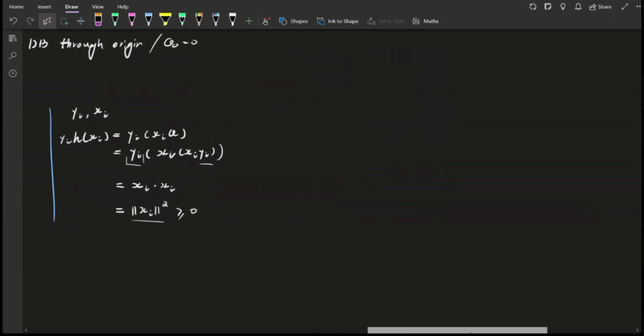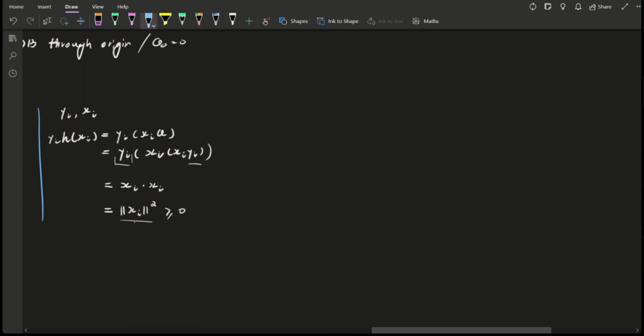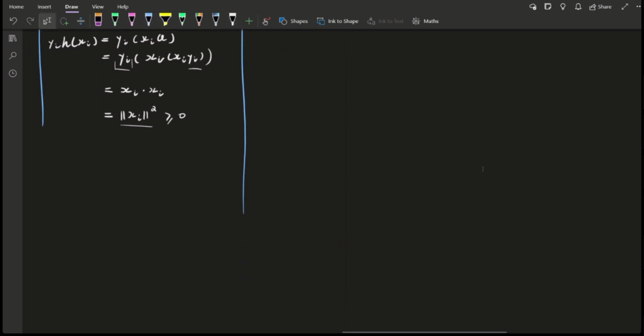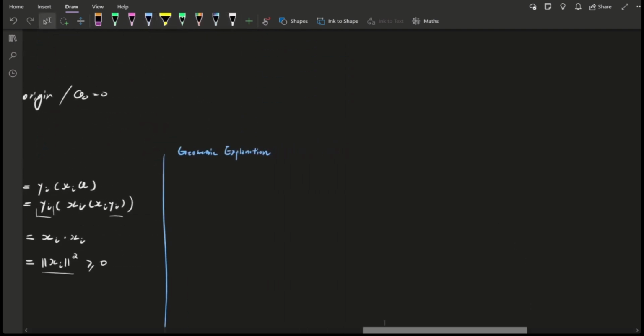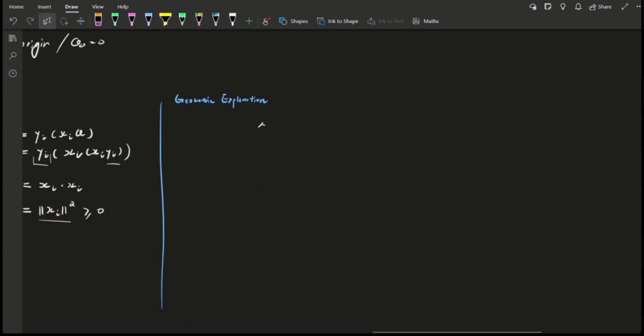So that was kind of abstract because we were just looking at mathematical expressions. Here's a perhaps more intuitive way of seeing this: we do some geometric analysis. So we explain this geometrically. For that, I will draw the decision boundary at some point.